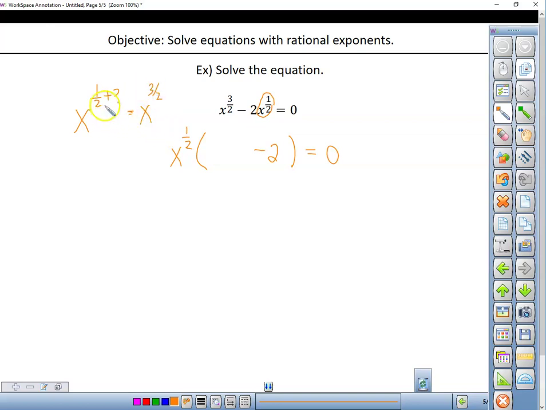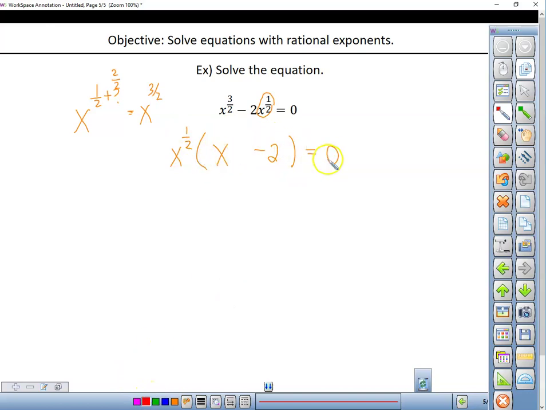So you should realize, okay, well that then is going to be 2/2 because 1/2 plus 2/2 would be 3/2. Well, what is 2/2? That is 1, which means that this needs to be x to the first power, or just x. So we're looking at this being our factored form.